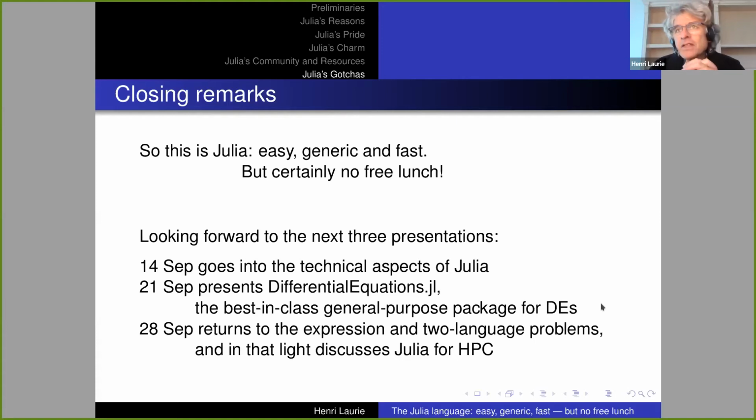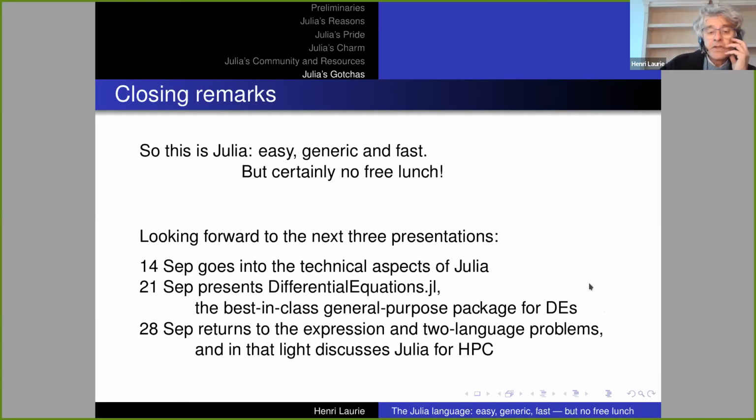So the technical aspects next week: what exactly is multiple dispatch? How does it interface with the type system? How does it work in terms of Julia's object model for handling values? And how do the homoiconic aspects of Julia, which are very Lisp-like, and the macros in Julia, how does that all interact?